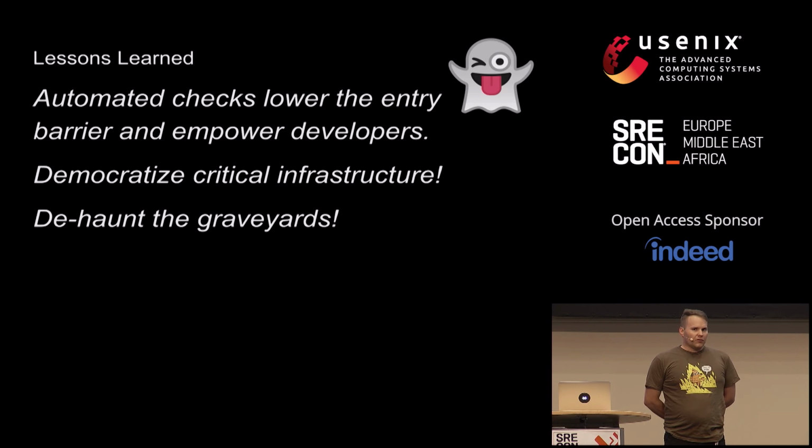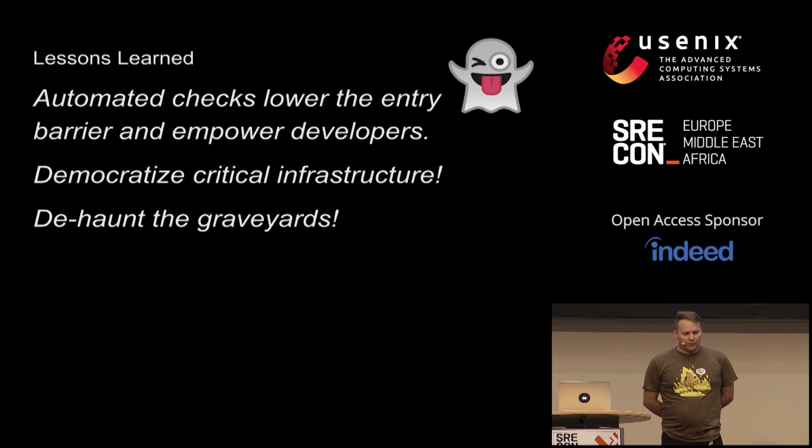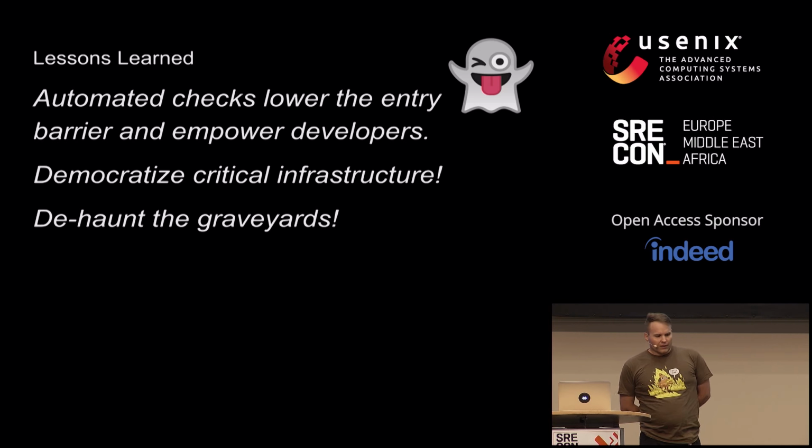I think it is not worth being overly protective about some critical infrastructure. In general, I'd like to eliminate the elitism that comes with a couple of things, and DNS is one of those. Go out there, find the haunted graveyards, find the things that no one likes to touch, and de-haunt the graveyards. I don't even know if that is an English word.